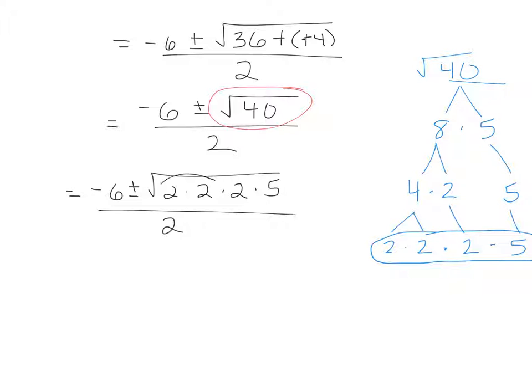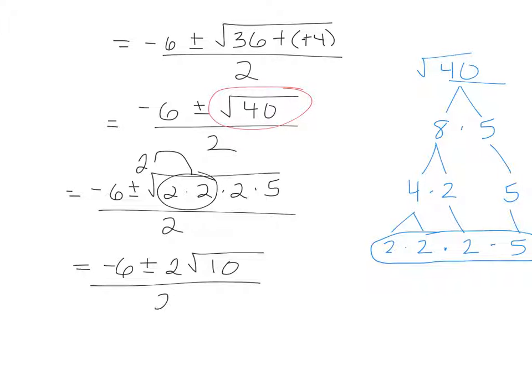So I have two 2's here. So when I take out this pair, it becomes a single 2 on the outside of the square root. So this means I have negative 6 plus or minus 2 times the square root of 2 times 5, which is 10, and that's all over 2.